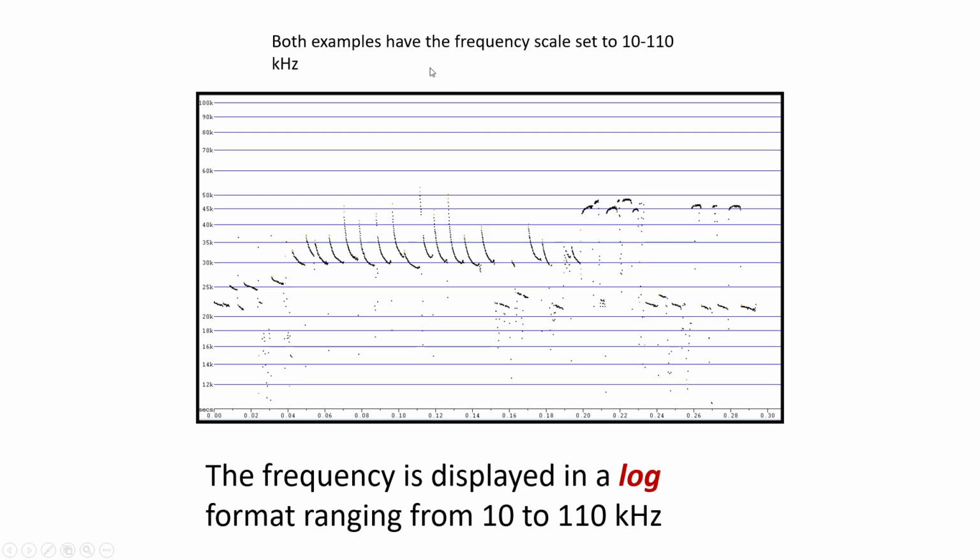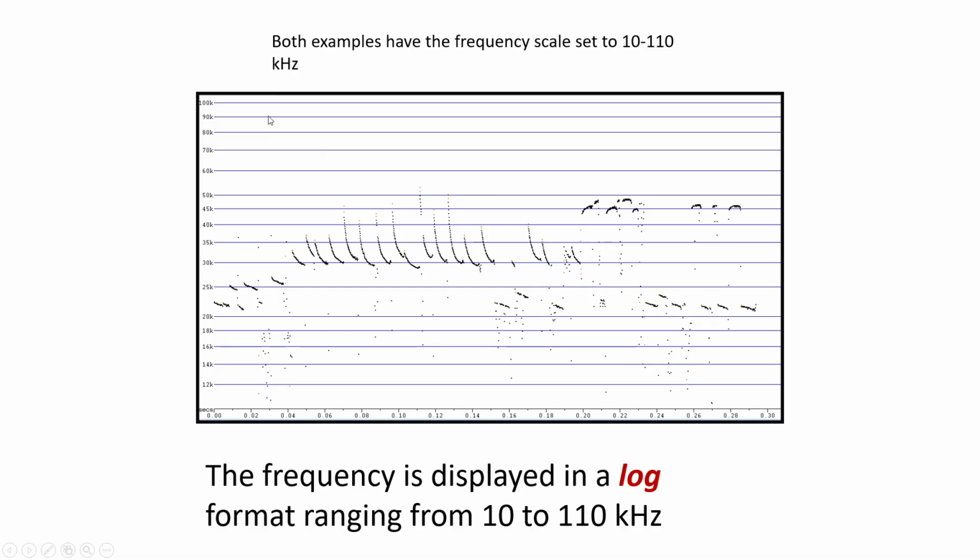Now we go to the log scale, exactly the same scale, 10 to 110 kilohertz. And now this is a logarithmic scale. And look, you can now see call shapes of all 3 species pretty well, and they're not distorted.